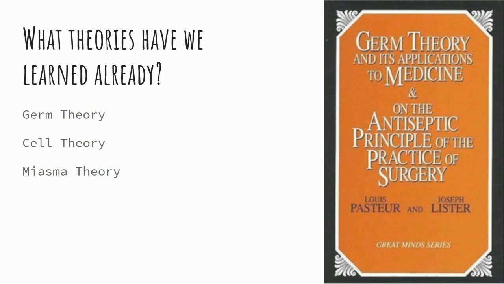For example, with the germ theory, we have works of Louis Pasteur, Joseph Lister, but also people like Semmelweis and John Snow. With cell theory, we have scientists like Schleiden and Schwann and Hooke and Van Leeuwenhoek and Virchow. And miasma theory, that was Hippocrates, but also a lot of other ancient Greek scientists. But lots of scientists contribute to theories.